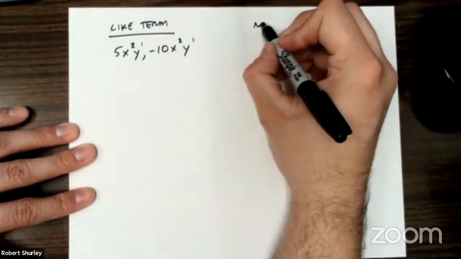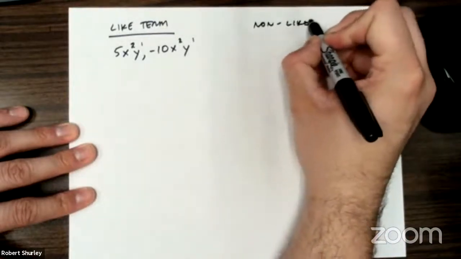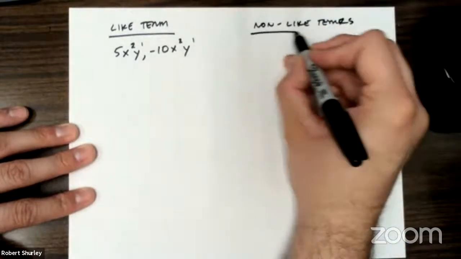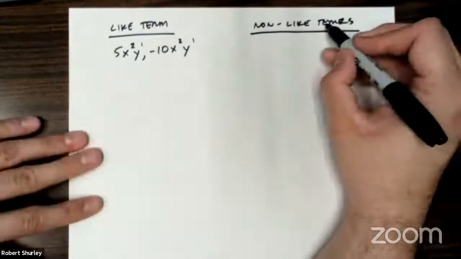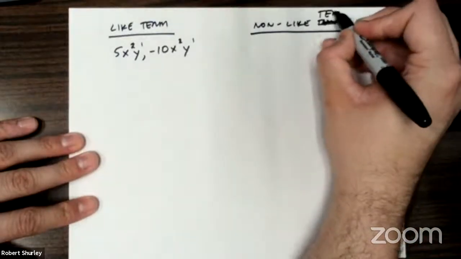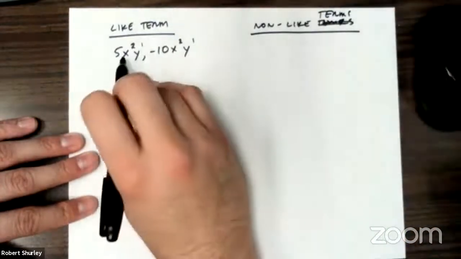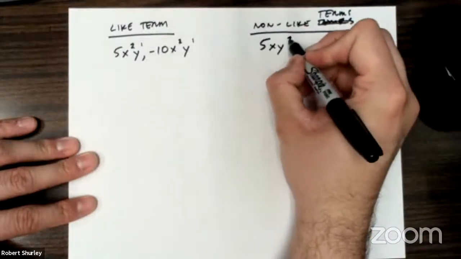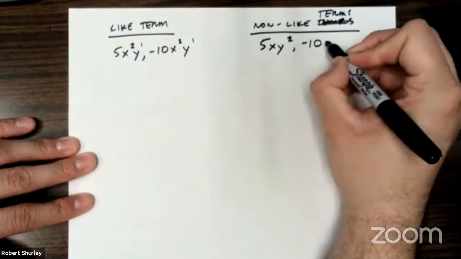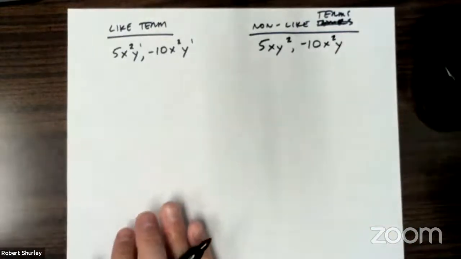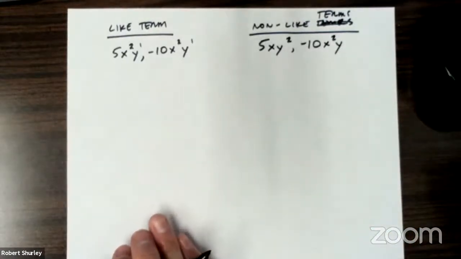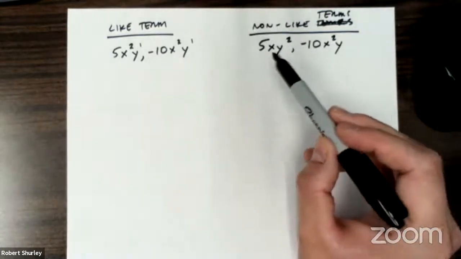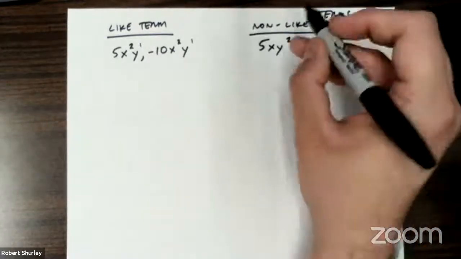So for non-like terms, we use the same exact numbers here, but we're just going to switch around the exponents. So if we had 5xy squared and negative 10x squared y, these would be considered non-like terms, because even though we have the same variables, x and y, the exponents are different.